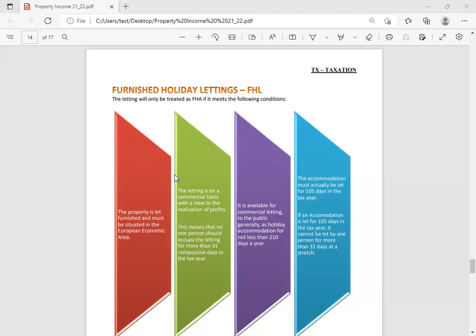Next, out of these 210 days, 105 days must be total letting. And we know that one tenant should not occupy it for more than 31 days, so in 105 days you must have more than one person. These are the conditions to satisfy in order to claim a holiday property as a furnished holiday letting. Any questions?